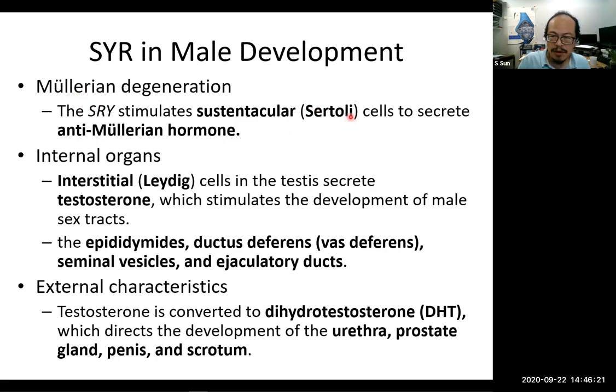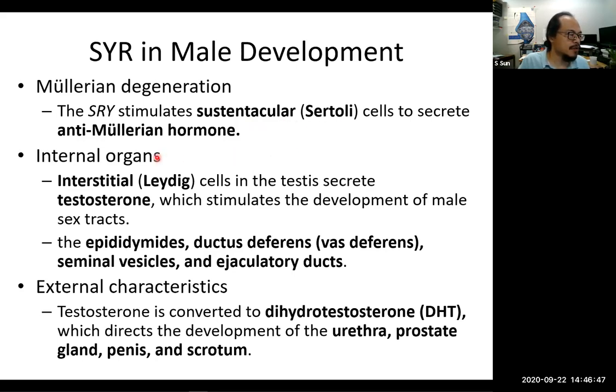Remember the Sertoli? We will have a picture. Sertoli cells in the matured body are used to nurture the sperms. This is also called the sustentacular cell, Sertoli cell, okay?